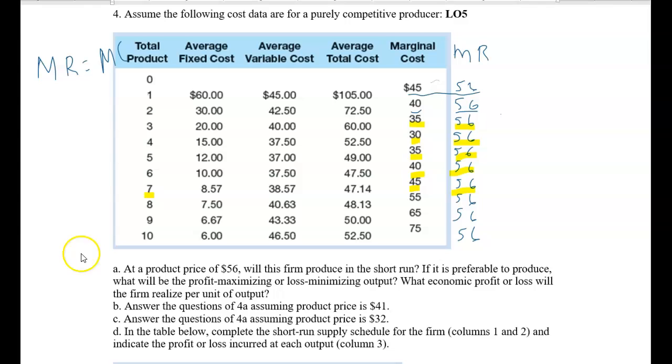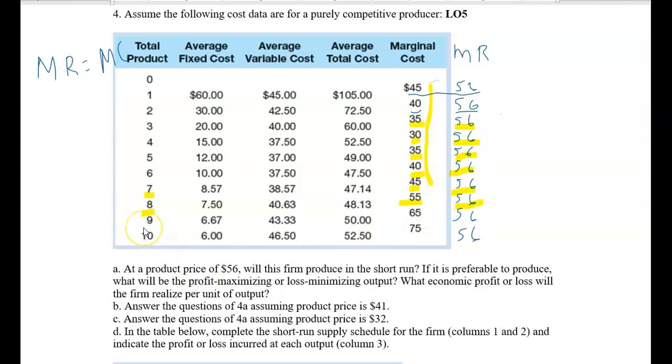So in all of these cases so far, our marginal cost has been less than our marginal revenue. So we're going to continue to produce. If we produce 8 units of output, our marginal cost is $55 and our marginal revenue is $56. So we are definitely going to continue to produce because we're going to get at least $1 of revenue.